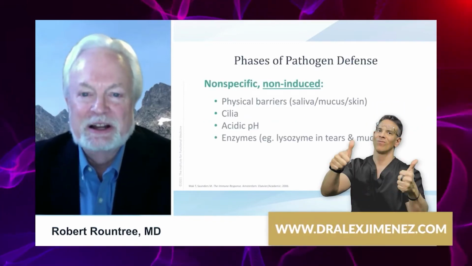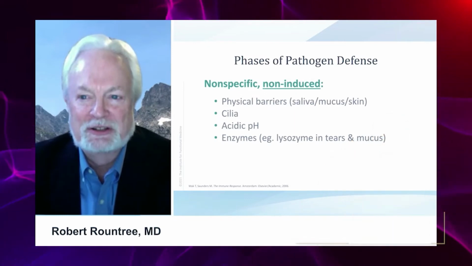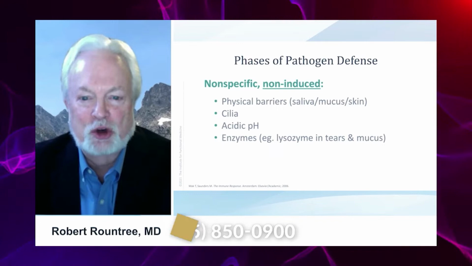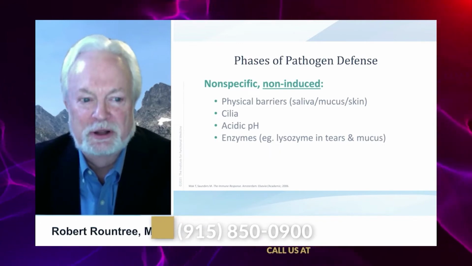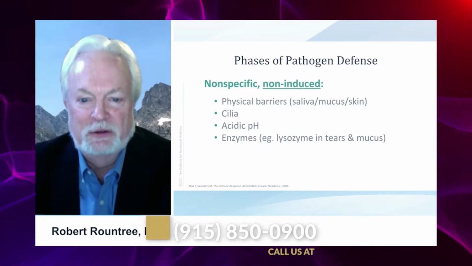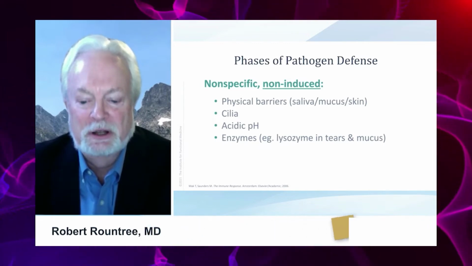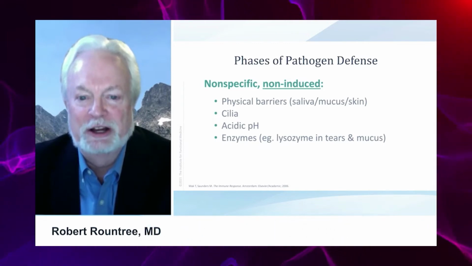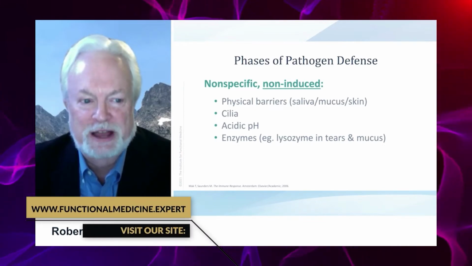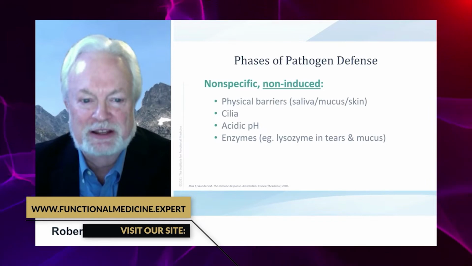What is it that keeps pathogens at bay? Well, number one is physical barriers. Those barriers are actually the tissue itself, and then the surrounding biofilms and other layers like saliva and mucus on top of those physical barriers. So that's the first thing that keeps pathogens out.